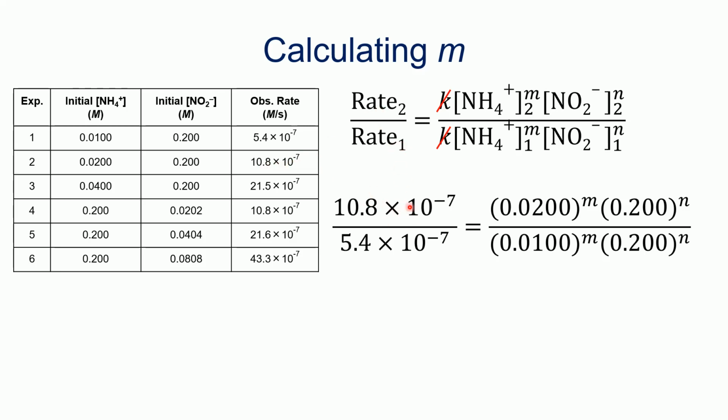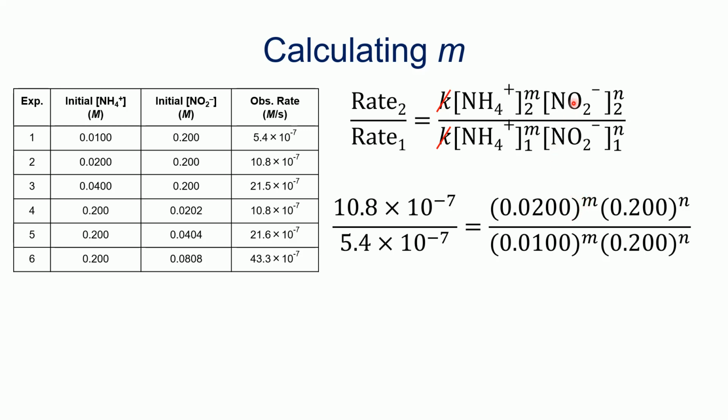Our rate in experiment 1 was 5.4 times 10 to the negative 7, so we put that number here. And then here we've got ammonium ion in experiment 2, which is 0.0200 molar, raised to the m power.